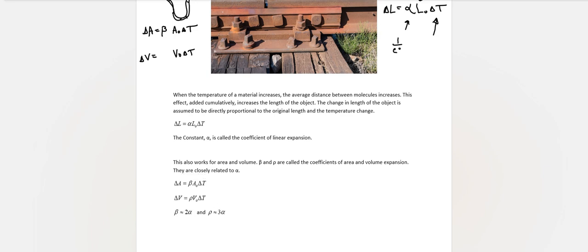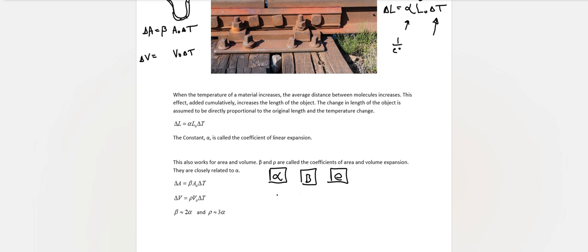Maybe I'll talk about this in class, but it's pretty easy to show that when you have alpha, beta, and this one here, Greek letter rho, this one is the coefficient of linear expansion. This one's the coefficient of area expansion. This one is the coefficient of volume expansion.